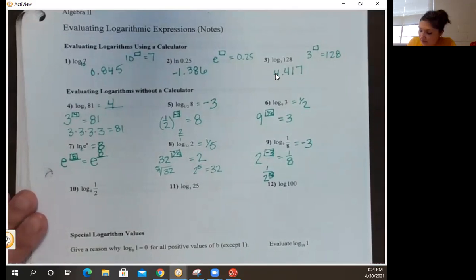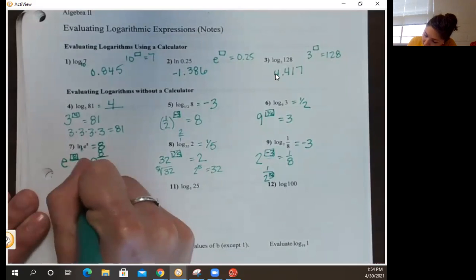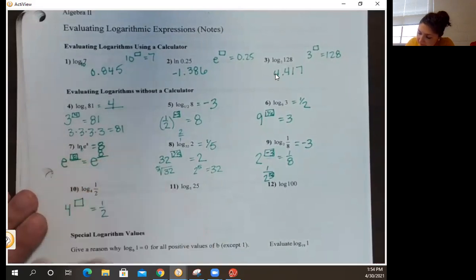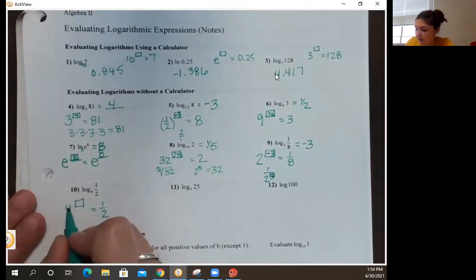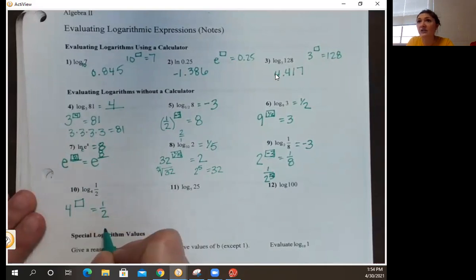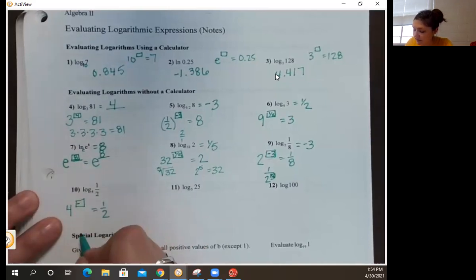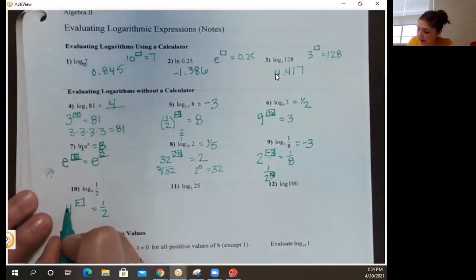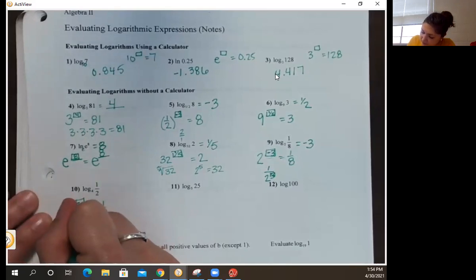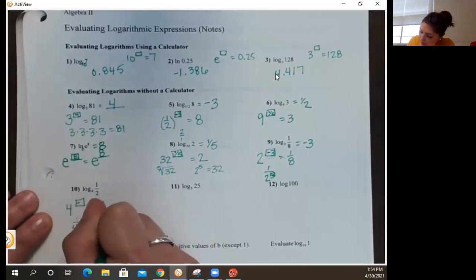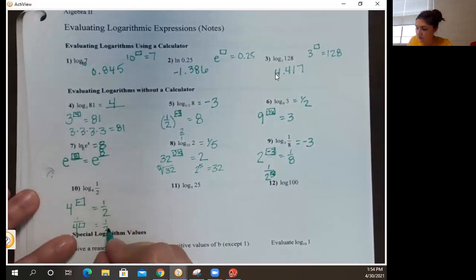For number 10, 4 to what power gives me 1/2? Now I'm going from a whole number to a fraction. So that means that I need a negative exponent, right? Because I'll need to flip this. And then 4 is bigger than 2. So once I flip this, it would be 4 to some power gives me 2.